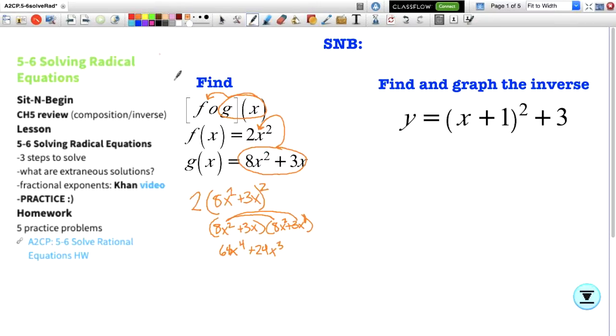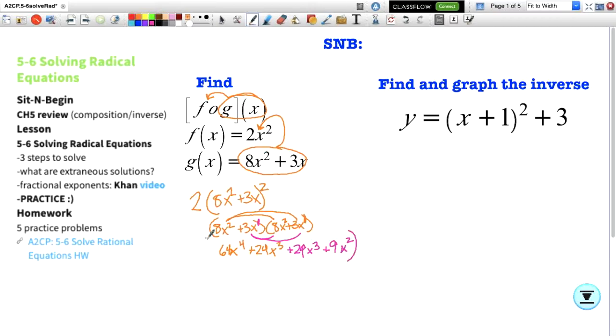Now I'm going to distribute this 3x here and here, so 3 times 8 again is another positive 24, and then x to the first times x squared is x to the third again. So I'm noticing these are like terms. And then I'll send my positive 3x to positive 3x and have a positive 9, x to the first times x to the first, x squared.